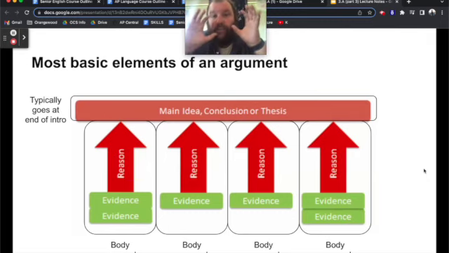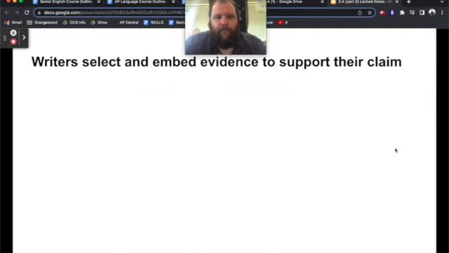So that's the reason, and then the evidence, however many pieces of evidence it happens to be for that part of the argument. So we're starting to place these things, not just identify what they are, but you can see, I hope, the structure of an essay starting to come out. Your intro, then your reason, evidence, and we'll look at that more, but that's the idea.